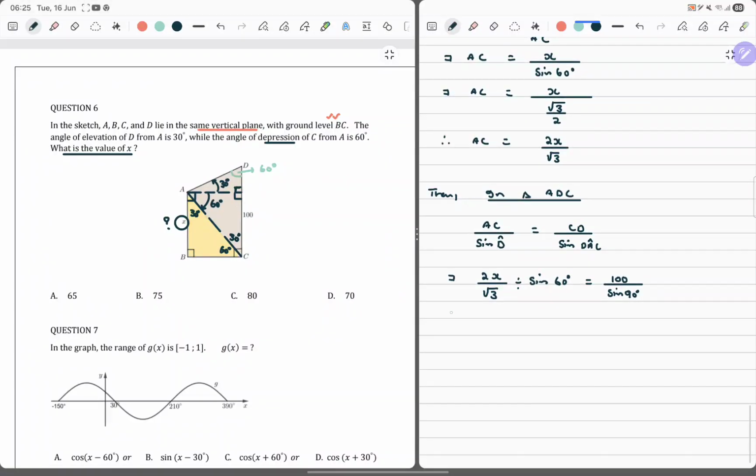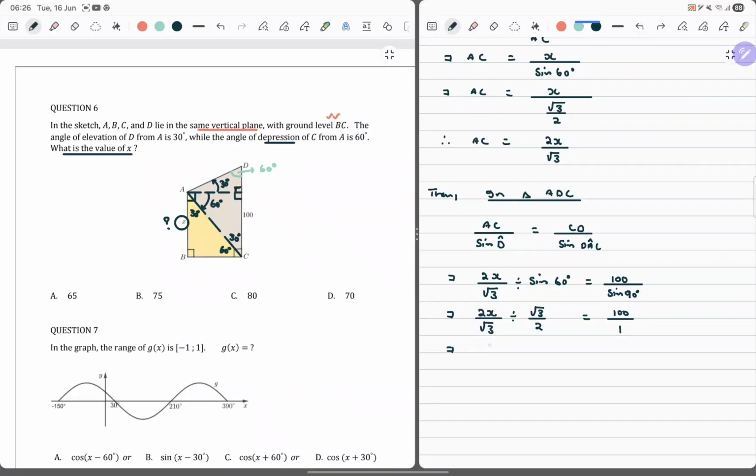Okay, so this implies that we've got 2x over root 3. Let's just keep it nice and simple. Sine 60 is root 3 over 2. This is equal to 100 divided by sine of 90, which is 1. So this implies, of course, we multiply with this one flipped, so this becomes 4x.